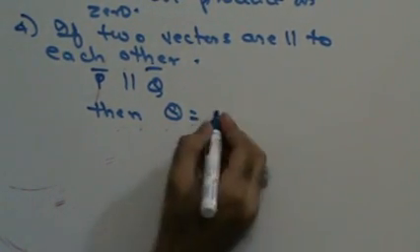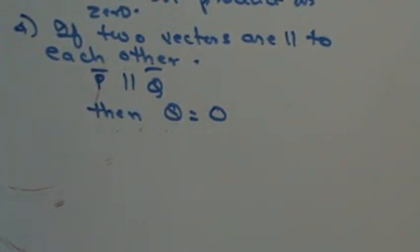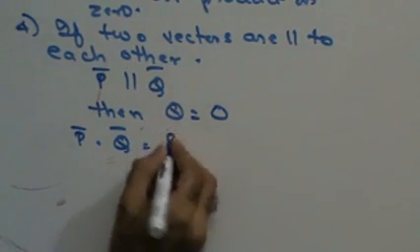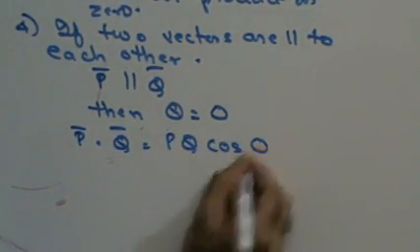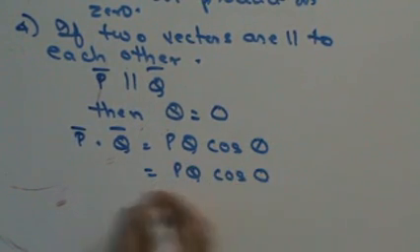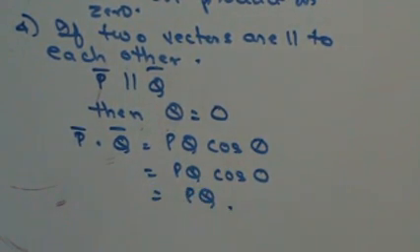There is no angle. The angle is 0. So in that case, what will be P vector dot Q vector? It will be PQ cos theta, which is PQ cos of 0. Cos of 0 is 1, so that will be PQ. So if two vectors are parallel to each other, their dot product is the product of their magnitudes.